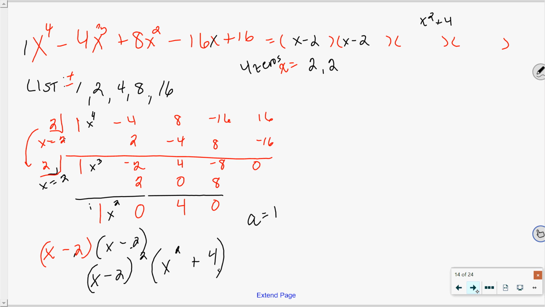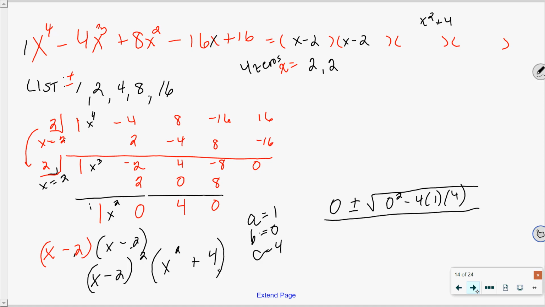So A is 1, B is 0, C is 4. Come on, I got to do the quadratic formula. So that means I've got negative B plus or minus the square root of B squared minus 4AC, all over 2A.